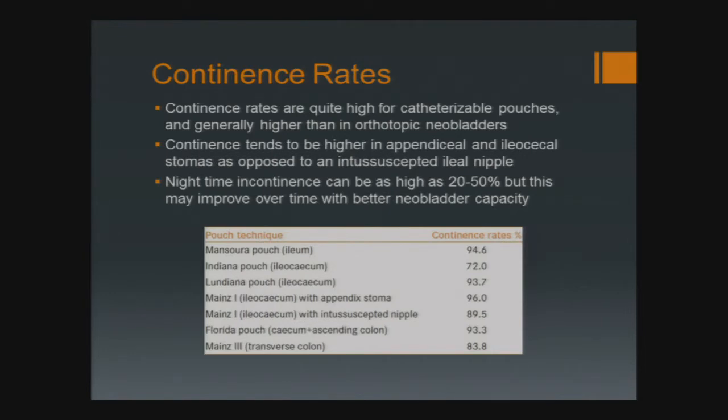And nighttime continence rates can be as high as 20 to 50%. But as that pouch stretches and you get better volume out of the pouch, you end up with better continence rates. And I put this chart up just as a general guide of what's reported in the literature for continence rates.